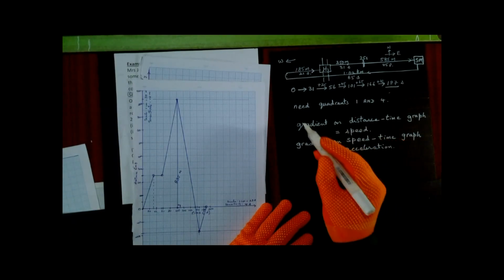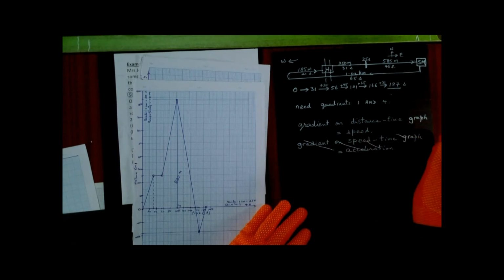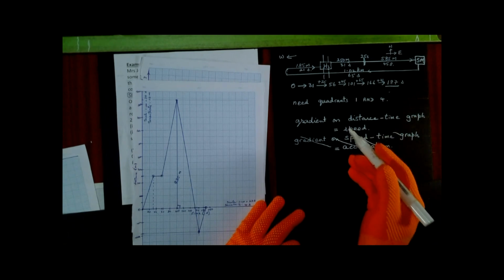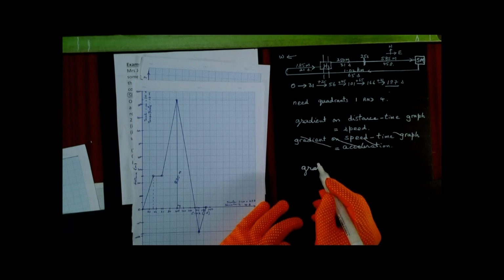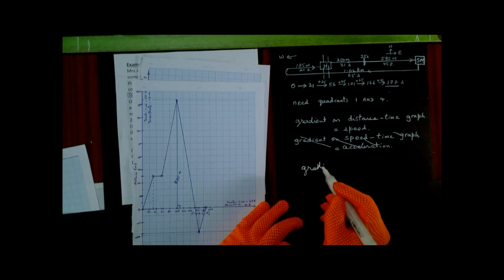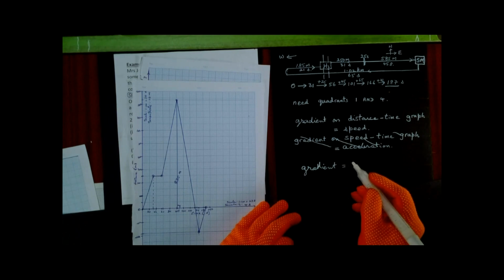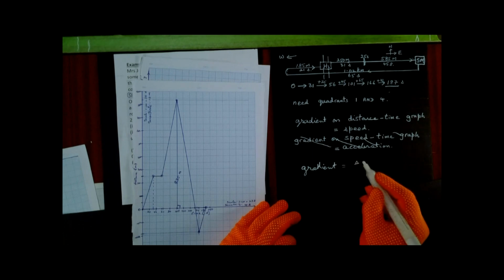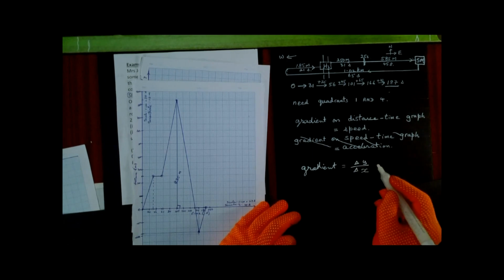So, the gradient on a distance time graph is the speed. So the gradient is equal to the increase in y, I'm just going to use delta y over delta x.